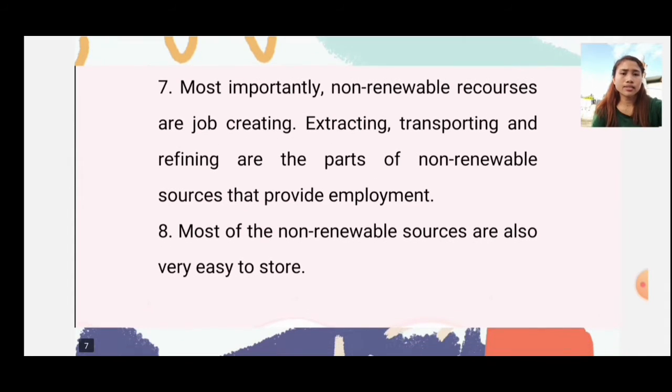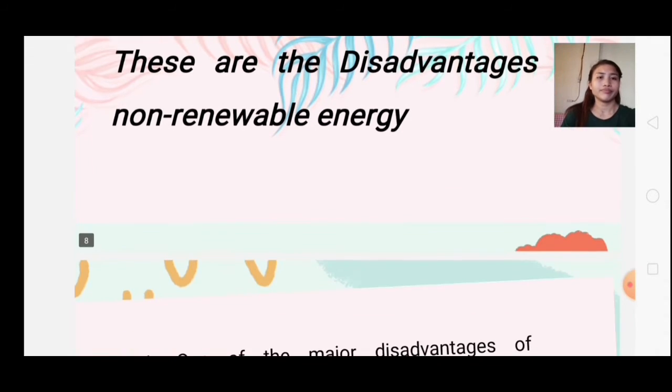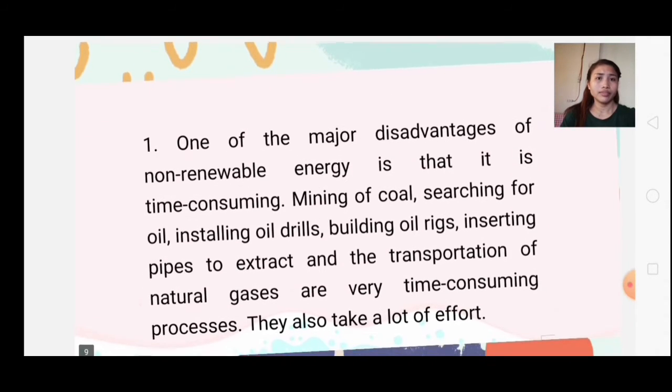Last, most of the non-renewable sources are also very easy to store. Let's proceed to the disadvantages. So, these are the disadvantages of non-renewable energy.